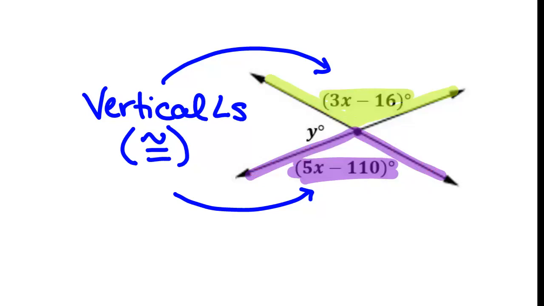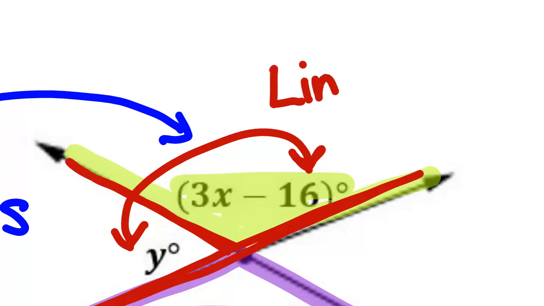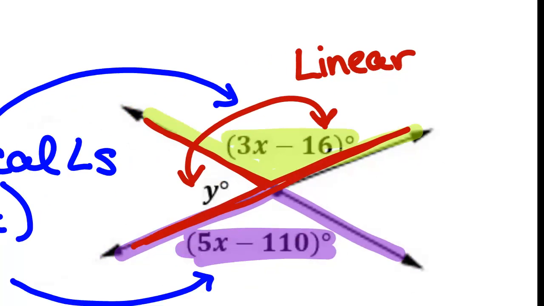Let's do the one with 3x minus 16. They share a side. Together they make a line, which means these two angles here are what special angle pair type? Linear pair. Are linear pair angles congruent?